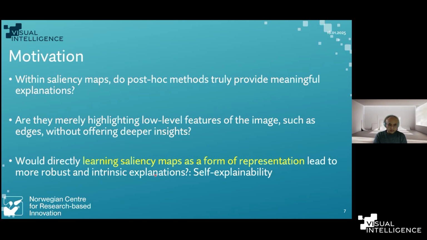And would directly learning this saliency map as a form of representation lead to more robust and intrinsic explanations? The last one is the core idea of self-explainability. So here we want to learn the saliency maps, not using a trained and frozen network to find the relevance.